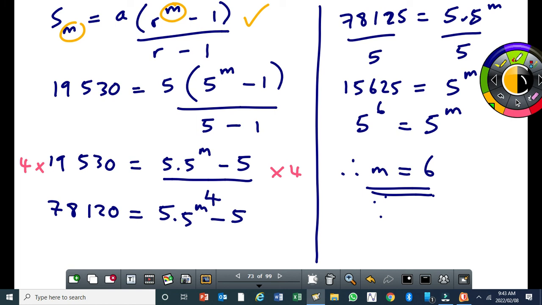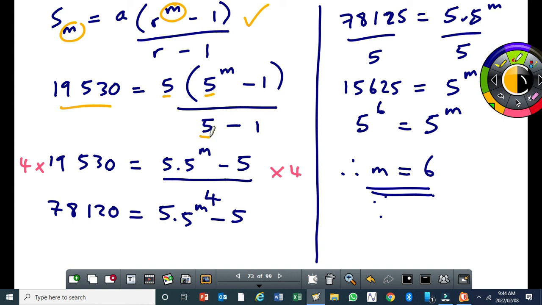The rest is substitution and knowledge of exponents and exponential equations, which is grade 10 and grade 11. So I substitute Sm. The first term is 5, the common ratio is 5, and the number of terms is m.